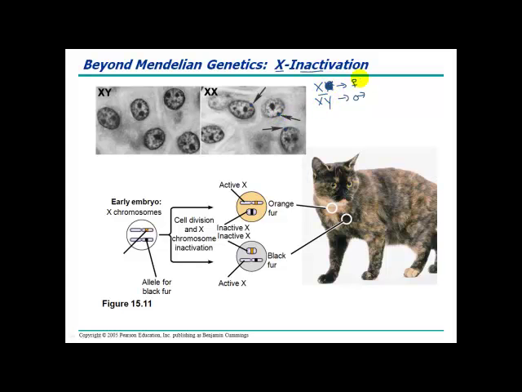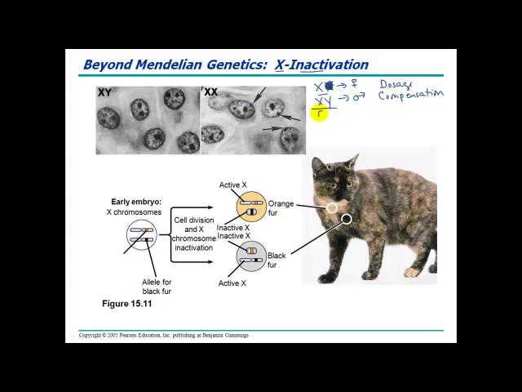So in doing so, what we do is compensate dosage between females and males, reducing the dosage of X-linked chromosomes in females to match that of males, right? So this is dosage compensation. We take one X chromosome, compact it, silence it, and reduce females' gene dosage so that it matches that of males. Now, other organisms do this dosage compensation differently.